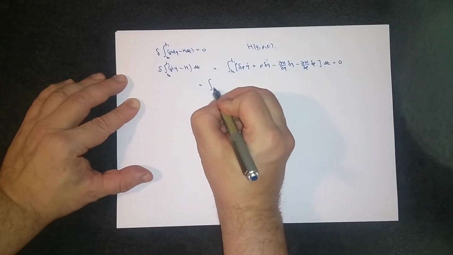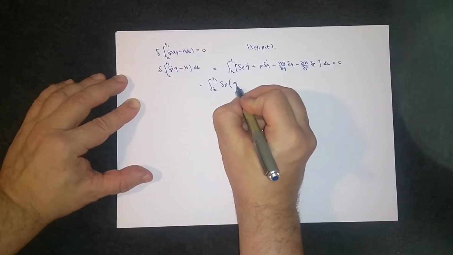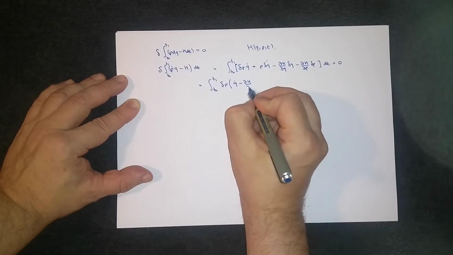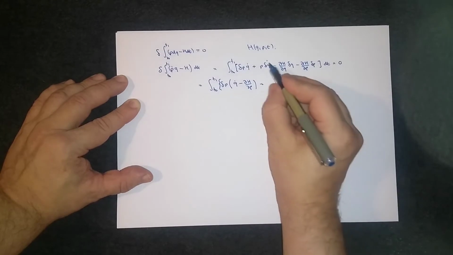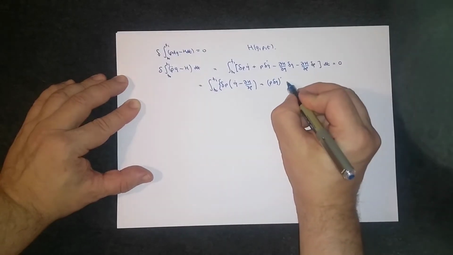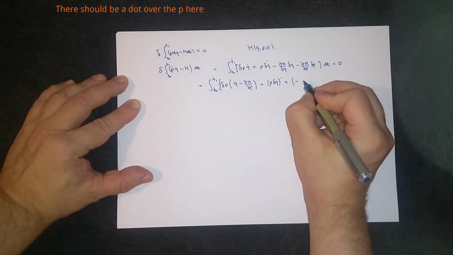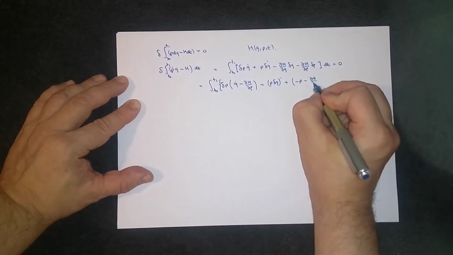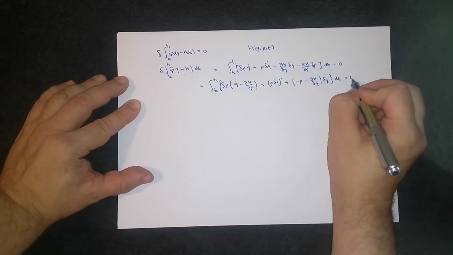So we're going to write that as the integral t0 to t1 delta p into q dot minus dh by dp plus this term here I'm going to write as p delta q all dot plus minus p minus dh by dq, and that's all multiplied by delta q dt is 0.